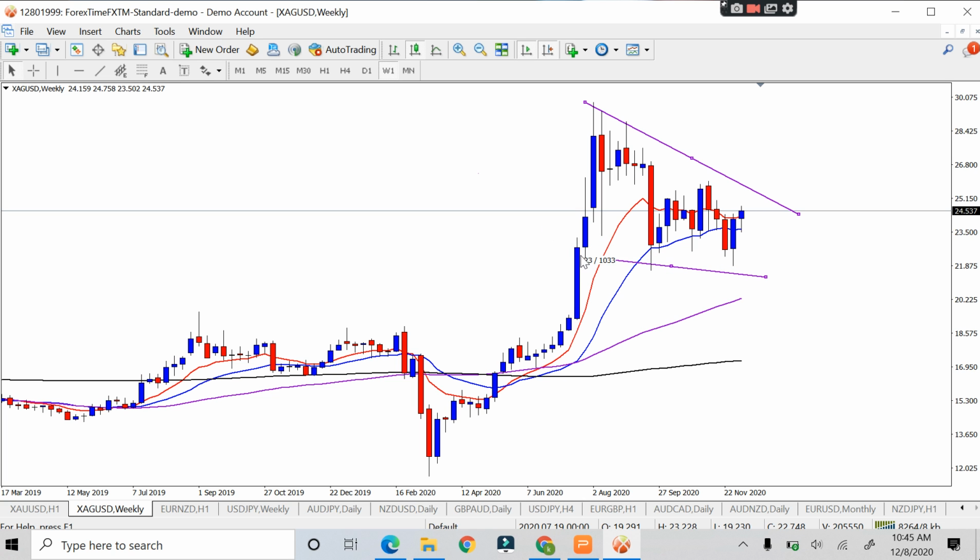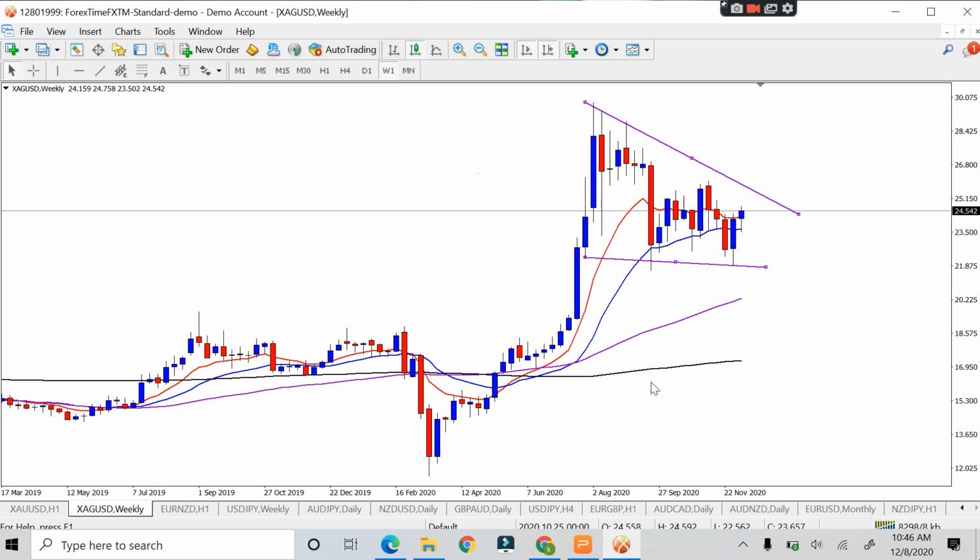Let me take it from this point. You can even go up to this. All right, now the shape you see, is it a descending triangle? Is it a falling wedge? Is it a flag? All those shapes point to one thing, that this is most likely to continue.